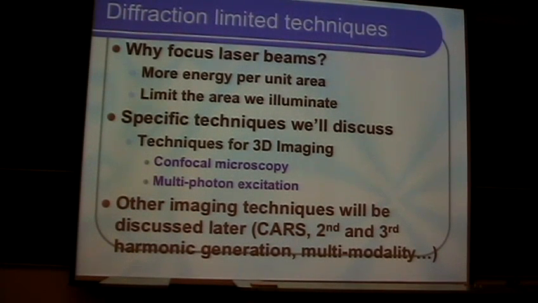First of all, tightly focused laser beams allow us to have more energy per unit area in the sample. Second, this allows us to limit the area of illumination in the sample, and you will see how this is important to obtain resolution in 3 dimensions.